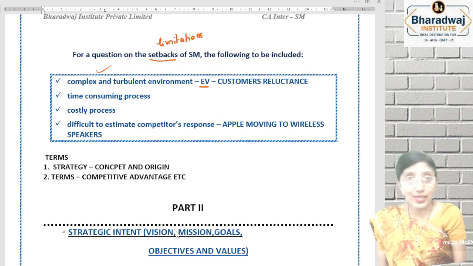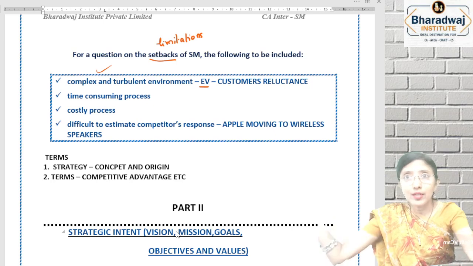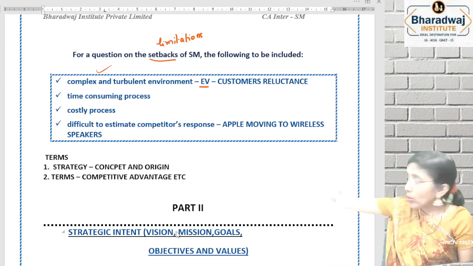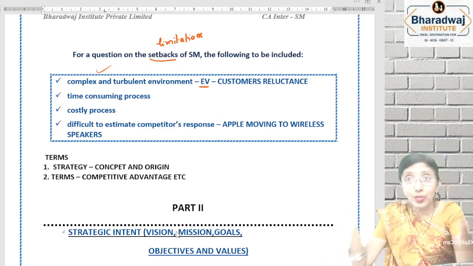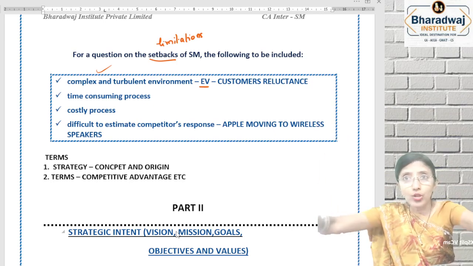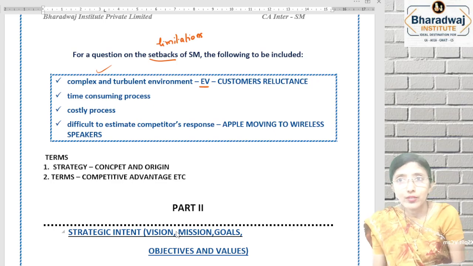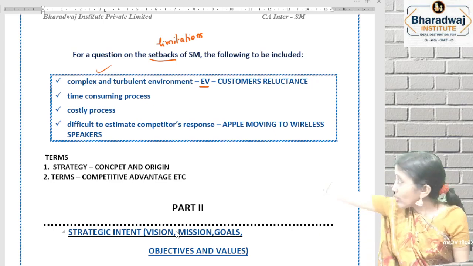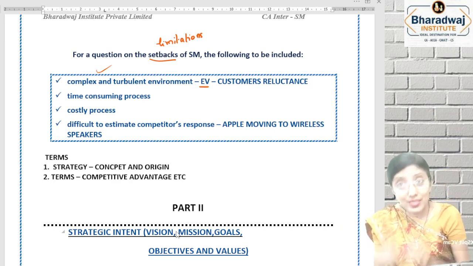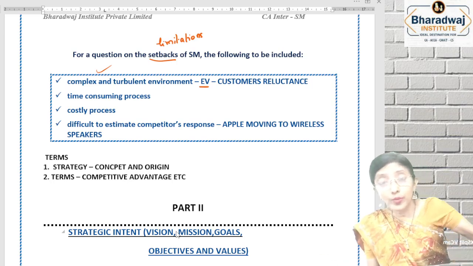And most of you know Tesla's case study. You know how big their manufacturing unit and their marketing and promotions were. And now look at this. That is a turbulent environment. So I'm a vehicle manufacturer, an EV manufacturer. I've launched vehicles, and people are not there to take them. What is my scenario? That is what turbulence is: ups and downs, a violent environment. Will a strategy fit in? So what is the question? It is a time-consuming process.